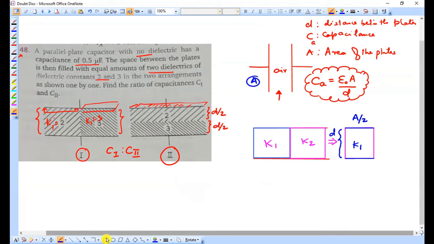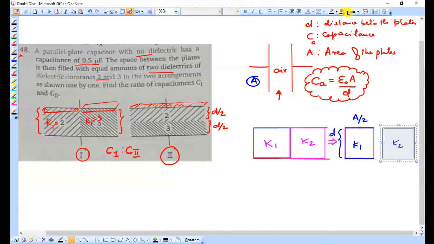Now, at the same time, I'm having another dielectric material. Let's call that dielectric material K2, which occupies the remaining half of the area of the plates.